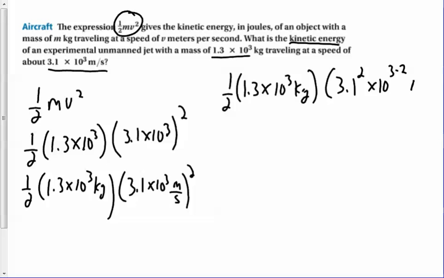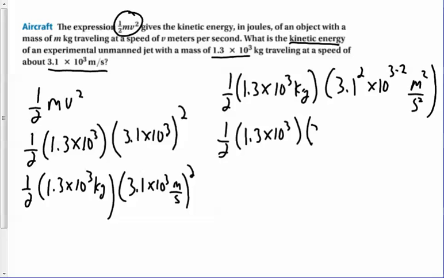And then that's going to be meters squared over seconds squared. And that's what velocity squared is, meters squared per second squared. So then what I do have now is 1/2 times 1.3 times 10 to the third times 3.1 squared times 10 to the sixth, and I'm going to say meters squared over seconds squared times kilograms. I'm just keeping my units off to the side there.